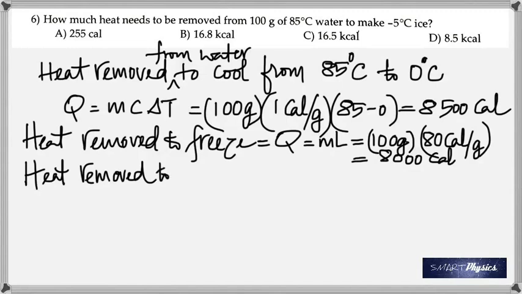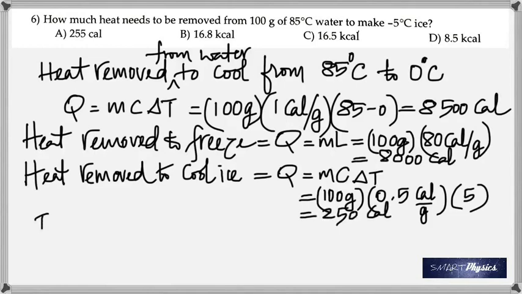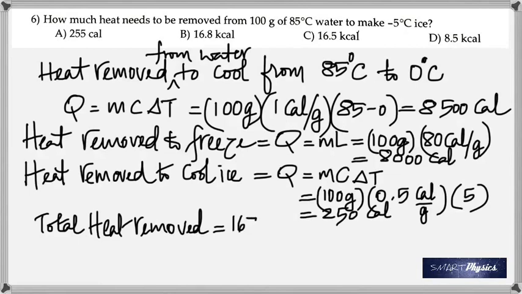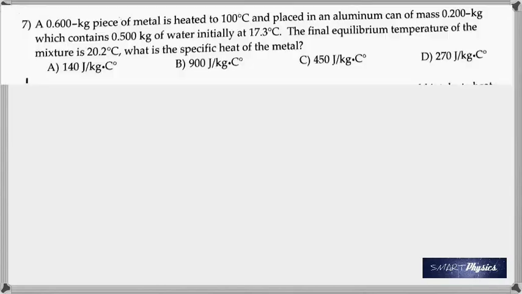And finally, heat removed to cool ice is again mc delta T, but this time you're using the specific heat of ice, which I'm assuming to be 0.5 calories per gram. It's about that number. You get 215. And when you add all these, you get the total heat removed as 16,750 calories, which is about 16.8 kilocalories.